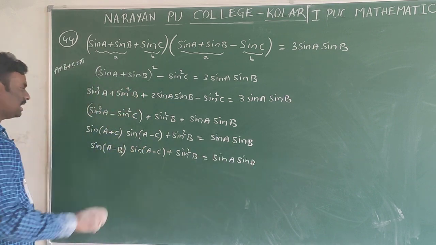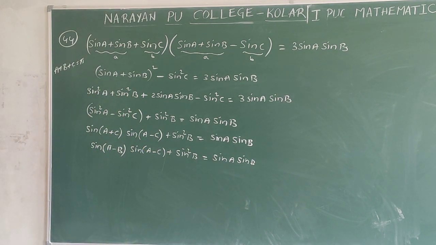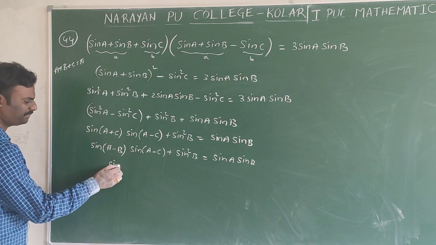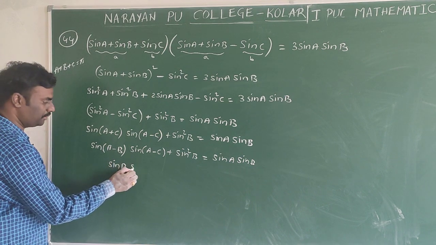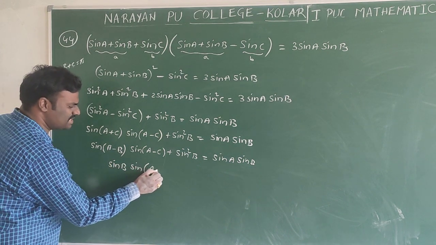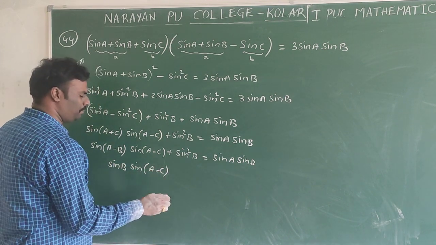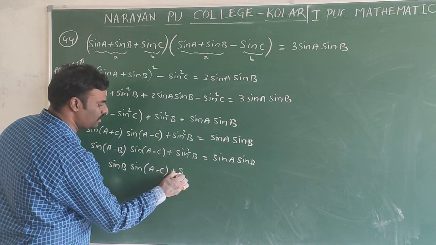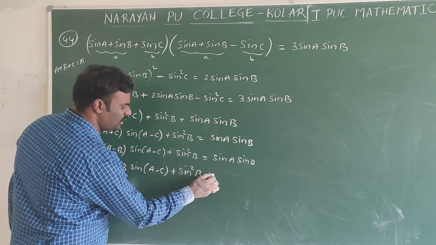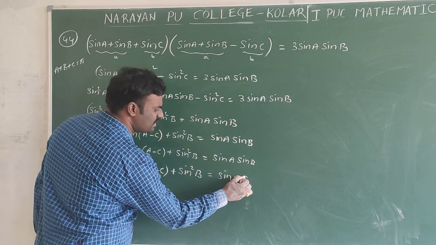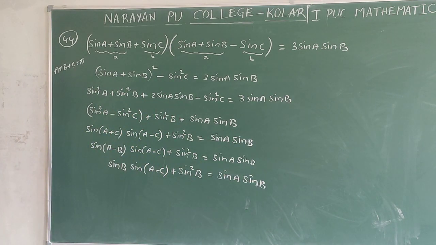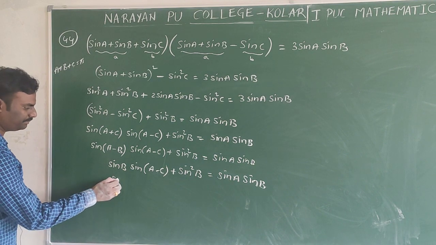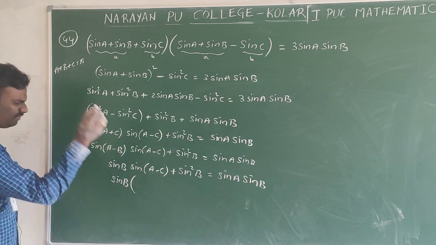See, sin of 180 minus theta is in the second quadrant, and in the second quadrant sin is positive. I can write sin B. Sin 180 minus B is sin B, into sin of A minus C, plus sin square B is equal to sin A sin B. Now in this I will take sin B common. Now what will we get?